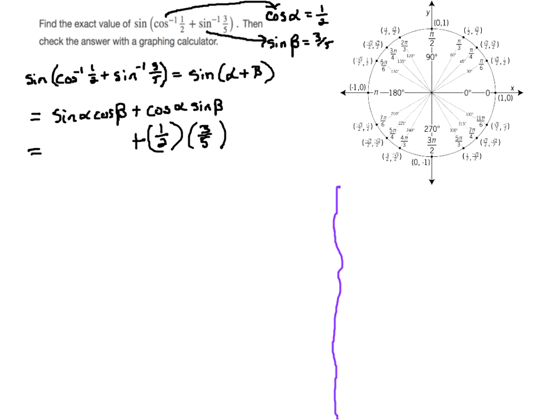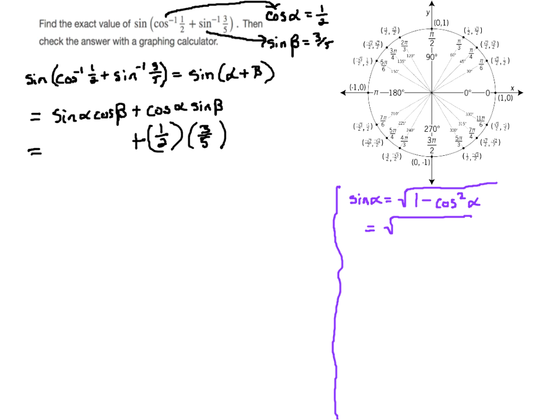The sine of alpha has to be equal to the square root of 1 minus cosine squared alpha. This is just using the Pythagorean theorem. I know what the cosine of alpha is, and I'm trying to figure out what the sine of alpha is.